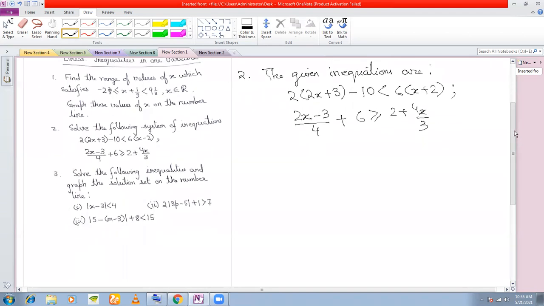You solve them individually. Solve the first one. Just as you were doing earlier, we are solving 2 inequations. Here also we solve them individually.